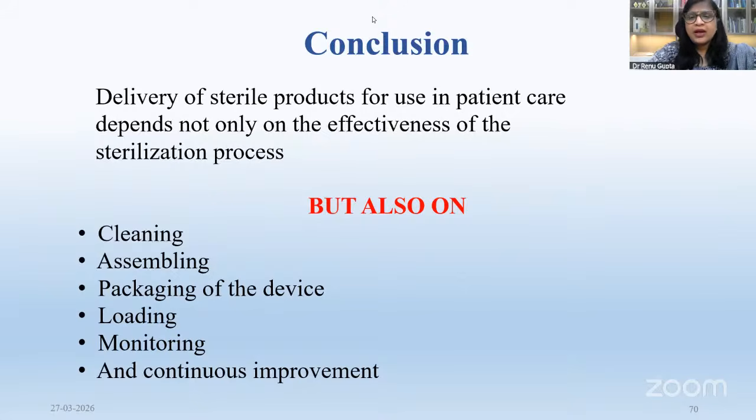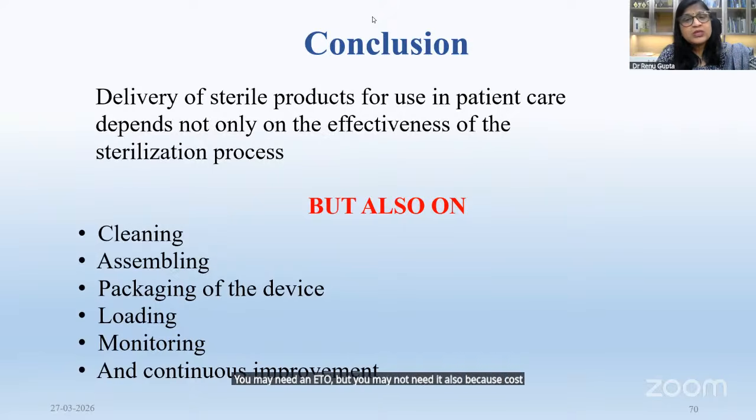Dr. VK, is it mandatory to have ETO and CSSD? It depends. I am working in a hospital where we buy all fresh instruments. We do not have any reuse policy. If you are reusing your catheters, your ventilator tubings, you may need an ETO, but you may not need it also, because cost effectiveness is to be seen.